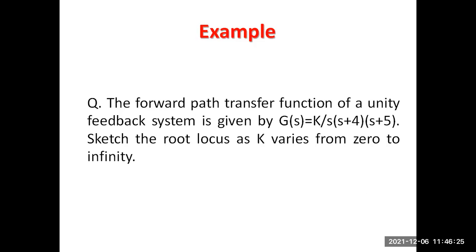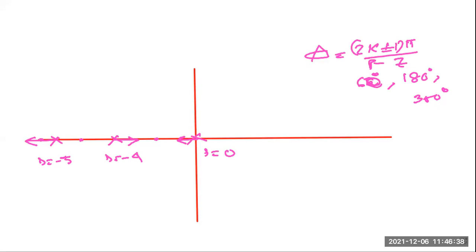This is the transfer function. Your value of G(s) is equal to K divided by s into (s plus 4) into (s plus 5).